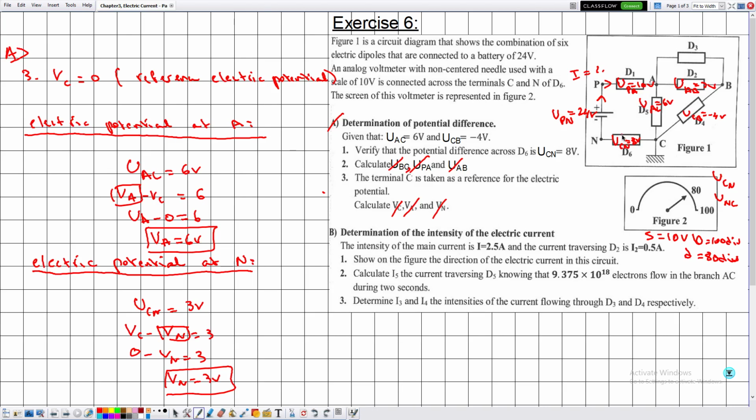Let me label them in blue. And the current traversing D2 is I2 equal to 0.5 amperes.